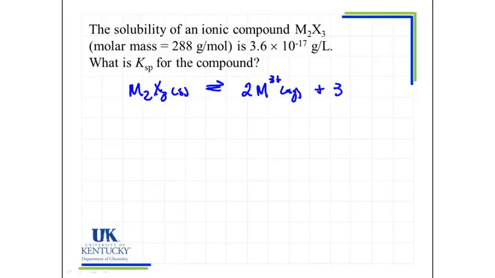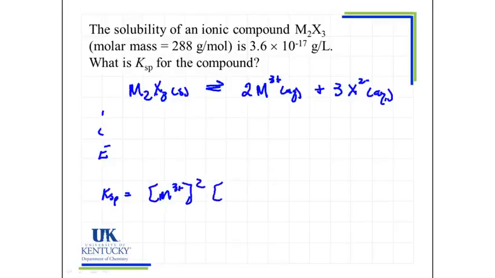And 3 of the anion, it probably has a 2 minus charge. Its charge is not important, but that's probably the charges if they are. I'll leave room for an ICE table, and I'll write the KSP expression down here. KSP is the metal ion's concentration squared times the X concentration cubed.